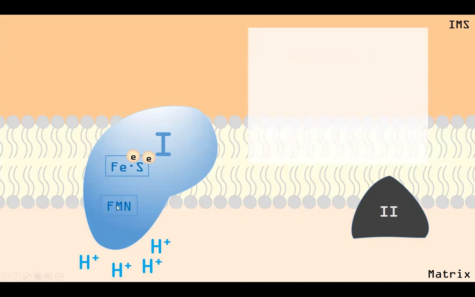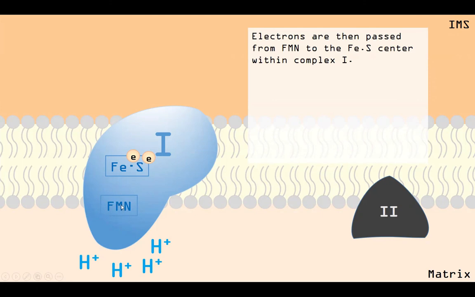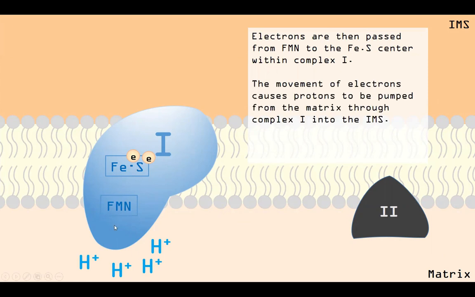And electrons are passed from the flavin mononucleotide to the next place where they go in this complex, the iron sulfur center. So we're still within complex 1. These are just 2 locations on this complex. You may also notice that there's now kind of a population of protons down here.